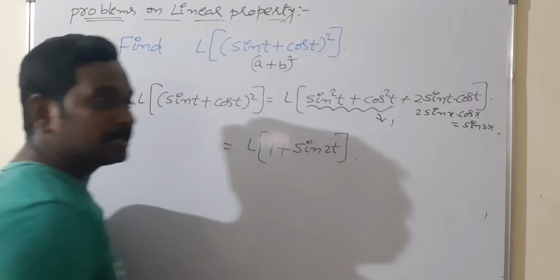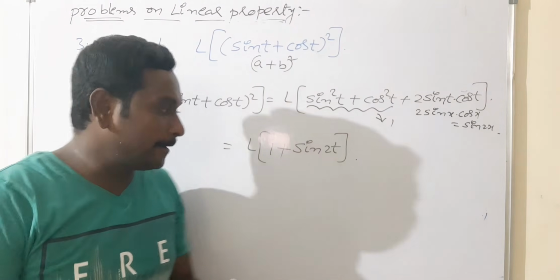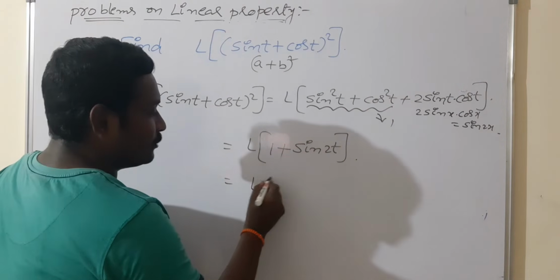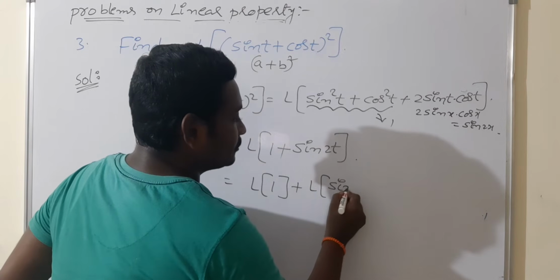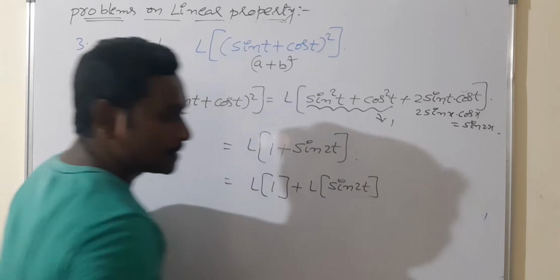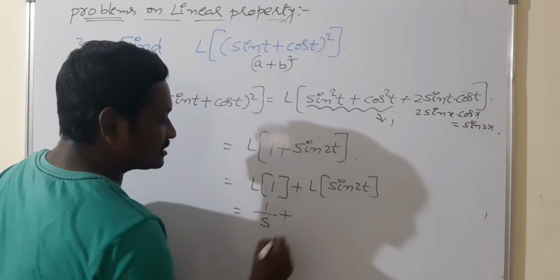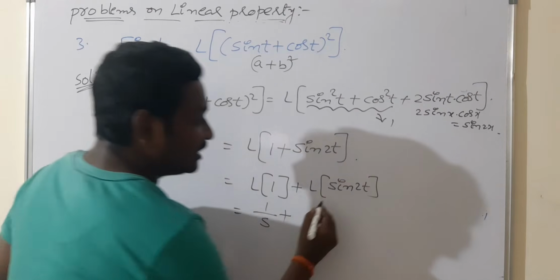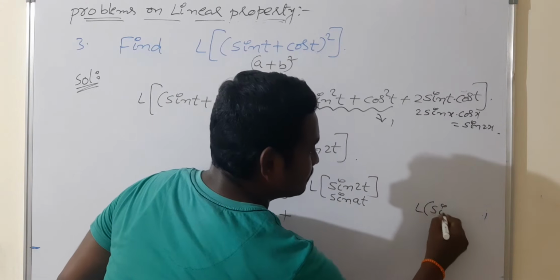Now you can split the terms. Don't split the terms in the previous step. By using linear property, L of 1 plus L of sin 2t. So what is L of 1? 1 by s, plus, what is the next one? L of sin at form. What is L of sin at?